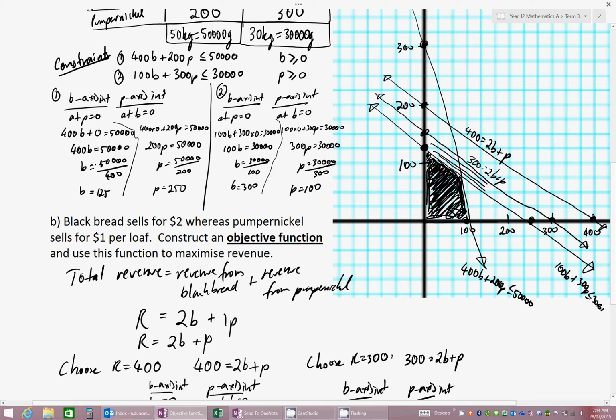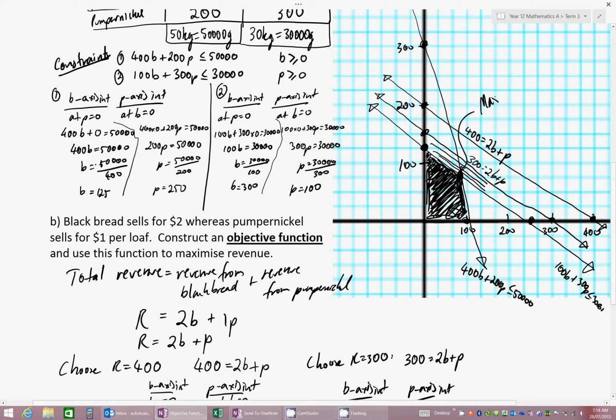Okay, and the first point that it's going to touch will be this corner. Okay, so we're imagining just pushing that line parallel all the way to reach that corner, and that will be where maximum revenue will occur. Not max profit, max revenue.